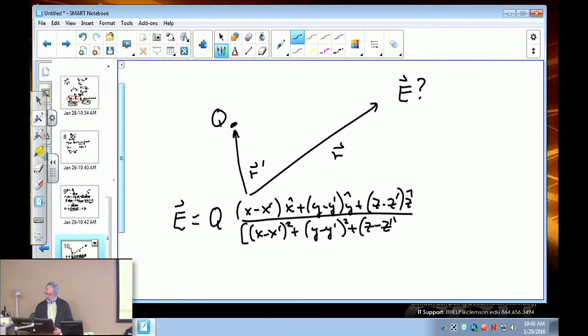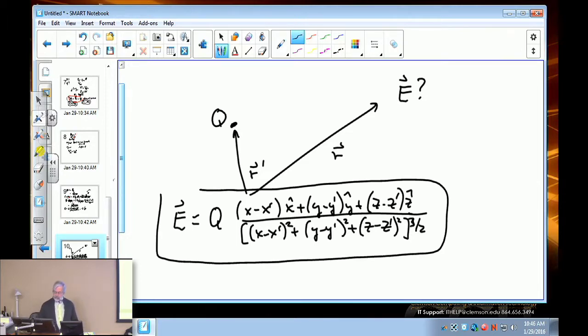This is like what I just wrote, except that's 3 halves. I've shifted the origin, so the charge is not at the origin, right? You need to remember how to do this. And we had some exercise problems last night during the recitation, and I think some of you are still practicing how to do this.